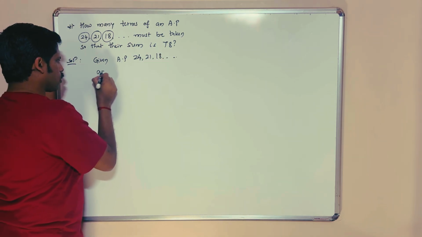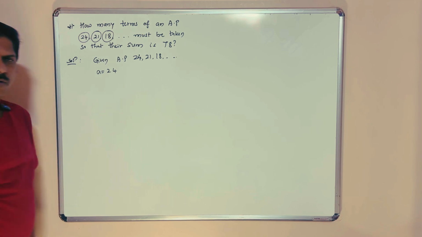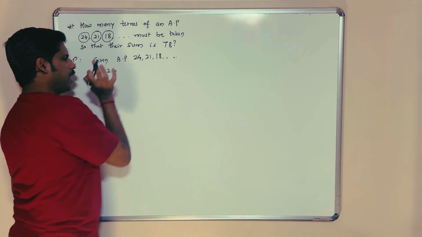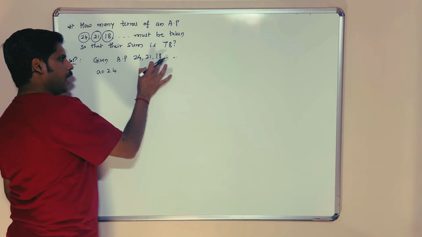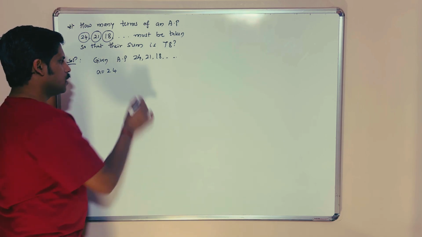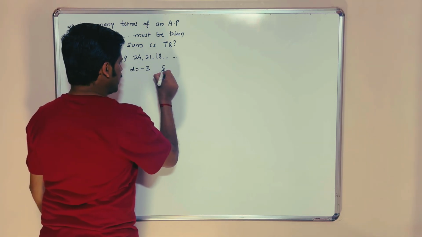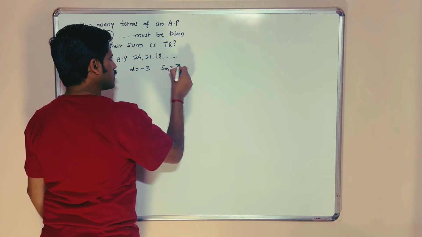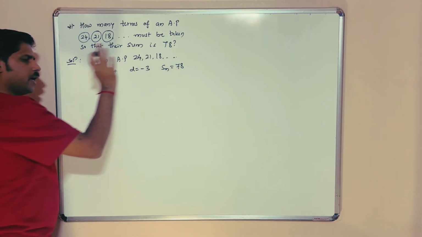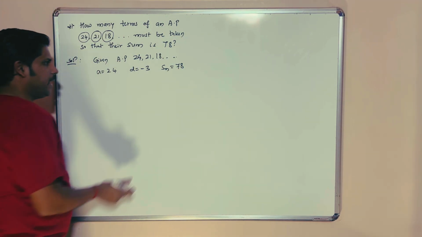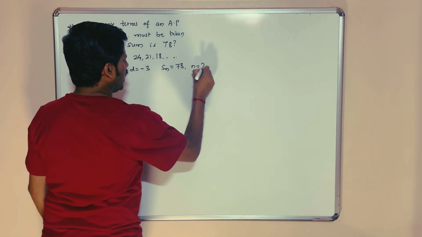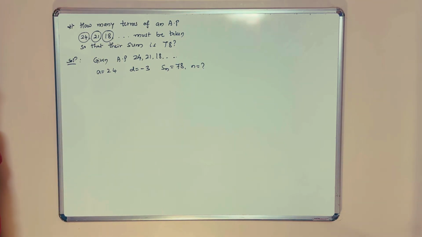The first term a is 24. The common difference is 21 minus 24, which is minus 3, and 18 minus 21 is minus 3. So d is minus 3. S_n is 78, the sum of the terms is 78. We have to find the value of n.